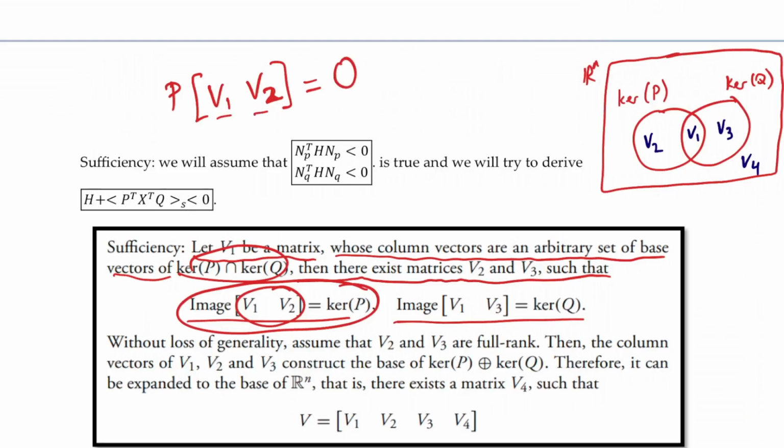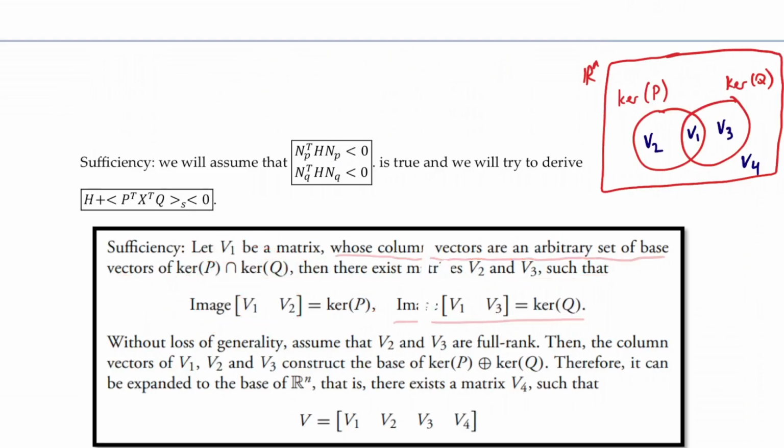Because V1 and V2 are in the kernel space of P, or null space. So that basically means the idea that I just stated. And the same goes with the Q matrix and V1 and V3. This equals 0.